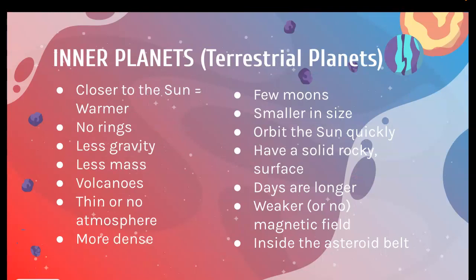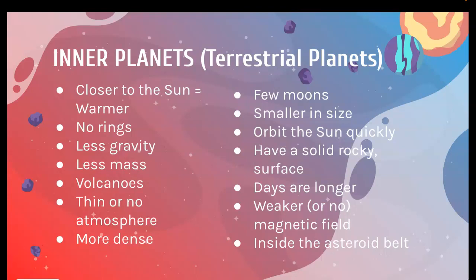So in general, they are considered terrestrial planets, meaning land. They're closer to the sun, so they're warmer. They have no rings, they have less gravity, less mass, they contain volcanoes, they have thin or no atmosphere, they are more dense, they have few moons, they're smaller in size, orbit the sun quickly, have a solid rocky surface, and the days are longer.